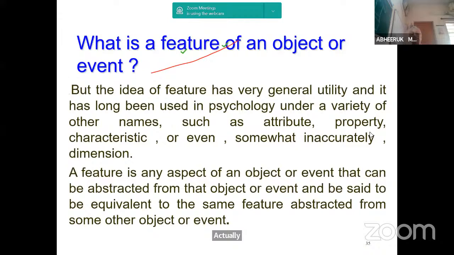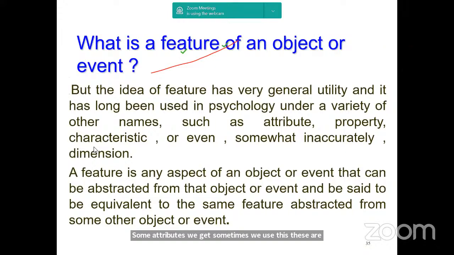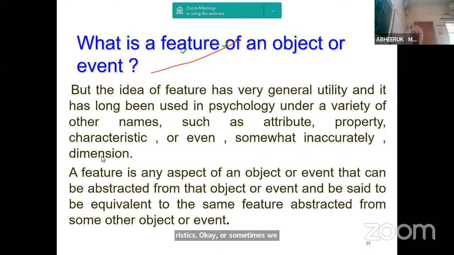The idea of feature has very general utility and has been used in psychology under a variety of other names. When we are defining any concept, we are telling a number of attributes, properties or characteristics, or sometimes we inaccurately use the word dimension.